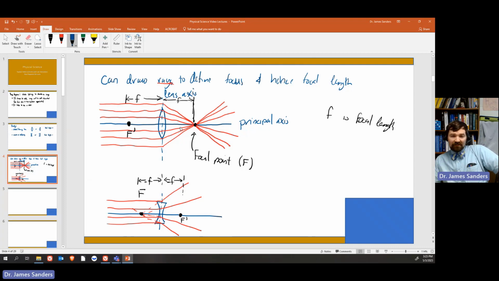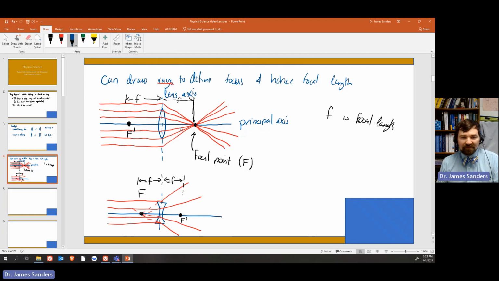In the case of a focusing lens, that focal point is also the point where the light is sort of most concentrated and therefore brightest. And so if you hold a piece of paper at that focal point for a big enough lens, you might catch the piece of paper on fire, like you'll burn a hole through it.